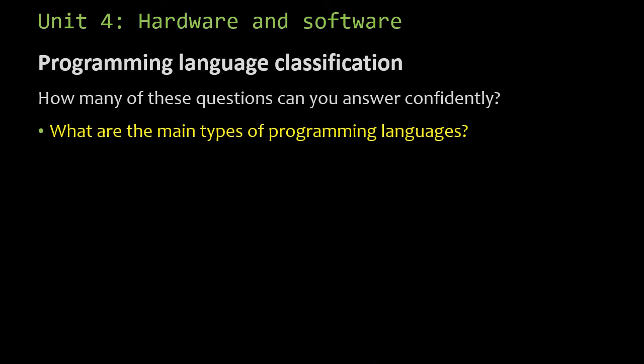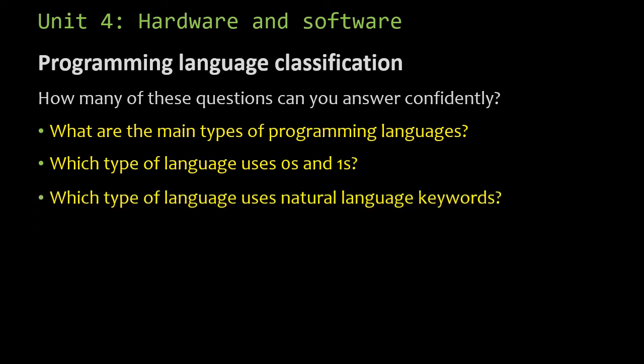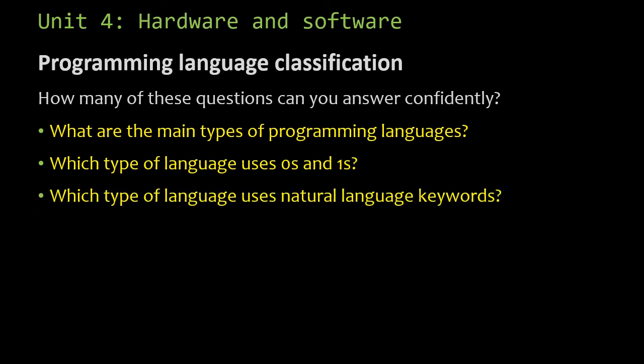So what are the main types of programming languages? Which type of language uses zeros and ones? And which type of language uses natural language keywords? Are you happy with those questions? Could you answer them all straight away, or is it taking a bit of time? Which ones are you unsure on?